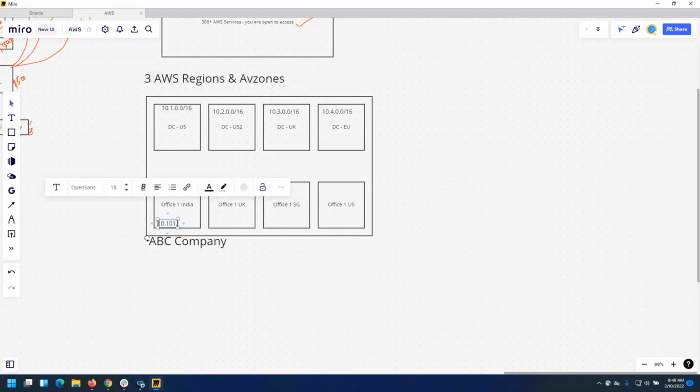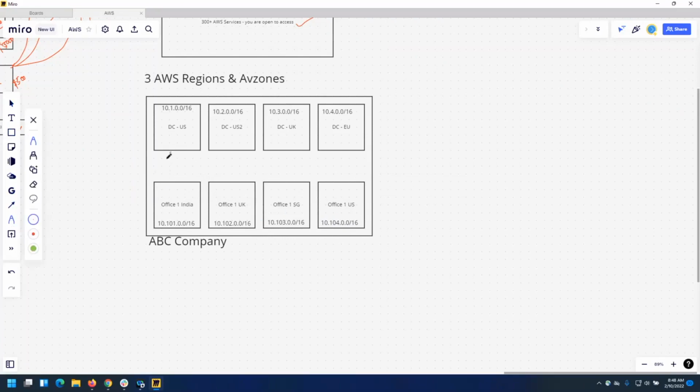So 10.101 for this office. Like this, I have multiple IP ranges allocated. And if you see, all the data centers and offices are running with a unique IP range as per the notation.